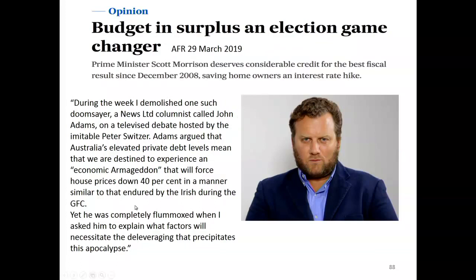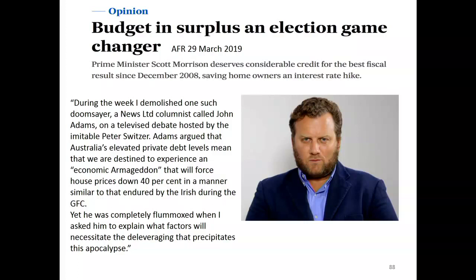So this is Chris Joy, who writes in the Fin Review. Chris Joy was my student at the University of Sydney, and this style of writing is very consistent with his persona. He's got a very forceful kind of persona, a very confident young man.